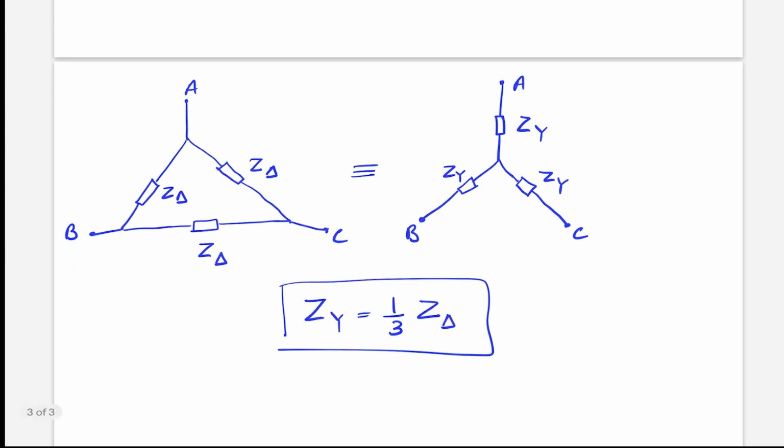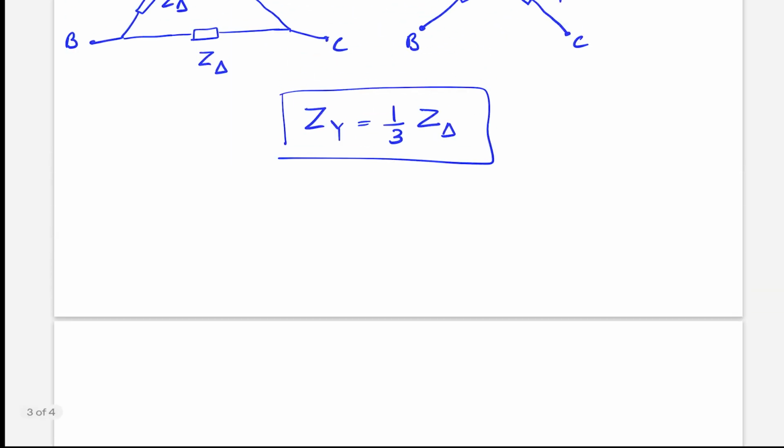So then the equivalent per phase circuit, which we learned in the previous video, is this figure.